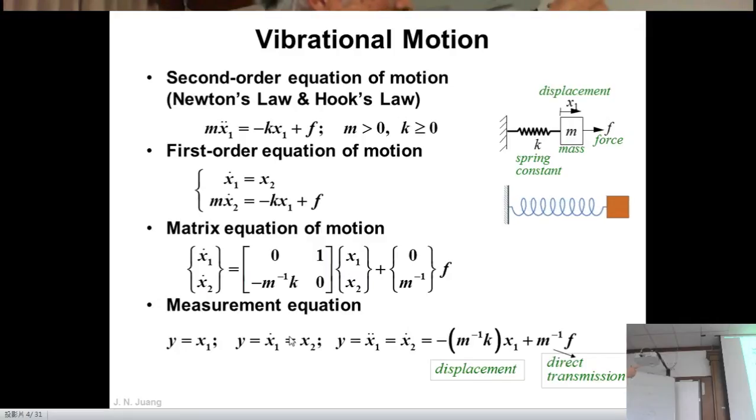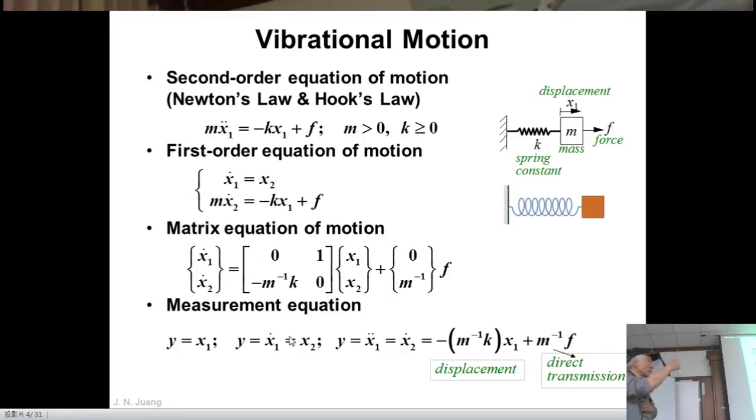If you look at this system, vibrational motion with a spring, the spring will never stop if you give it initial conditions, assuming we don't have force there. So it will keep moving like that, in theory.